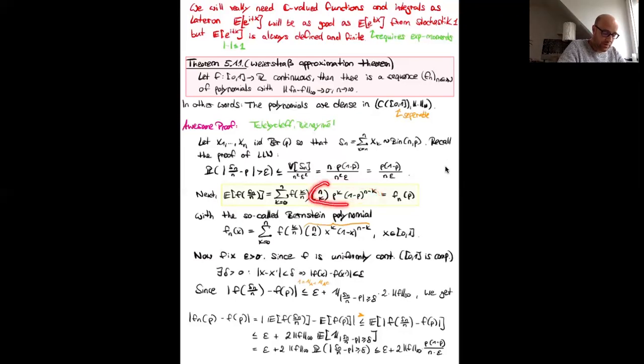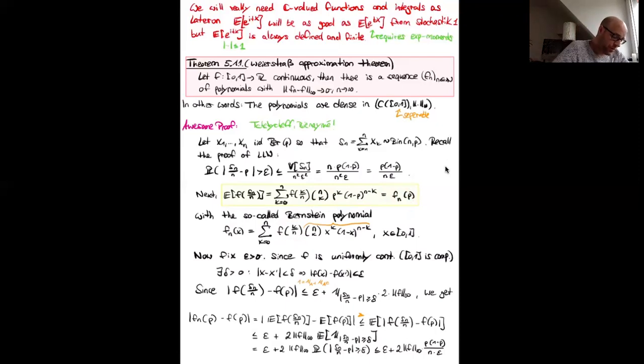So this function of p is a polynomial, called a Bernstein polynomial. In the polynomial, I have just some constants in front of the power terms. So all this is a polynomial. And what I'm telling you is that for our given function f, we have a sequence Fn of polynomials. And the claim is this sequence does the job.